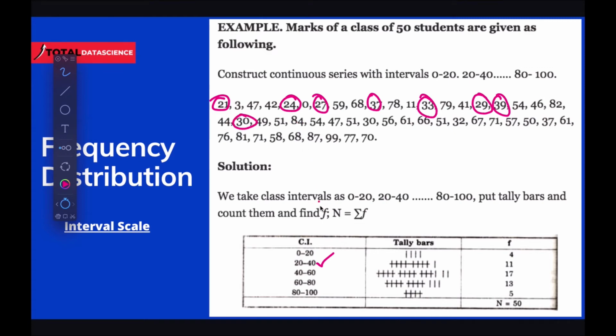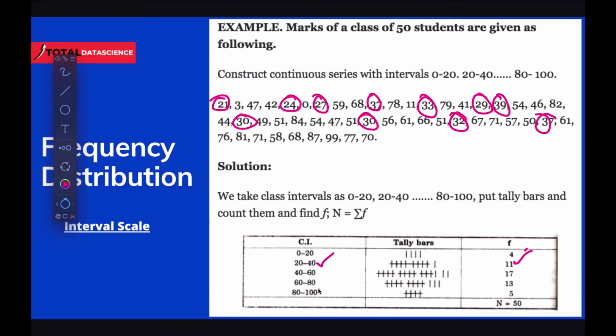We are finding the data points between 20 and 40. Then 9 here, 10 is here, and 11 is here. So that's why we have 11 there. The data points that appear between 20 and 40, we have 11 of them. We do the same thing for all of the intervals.